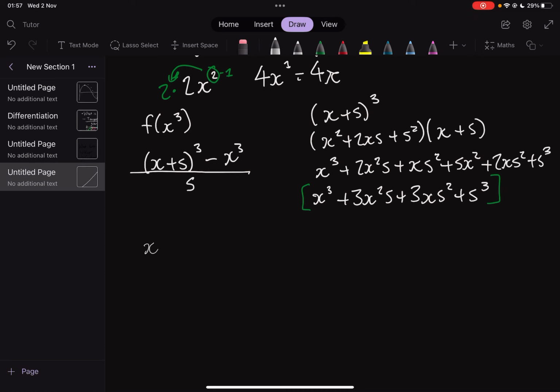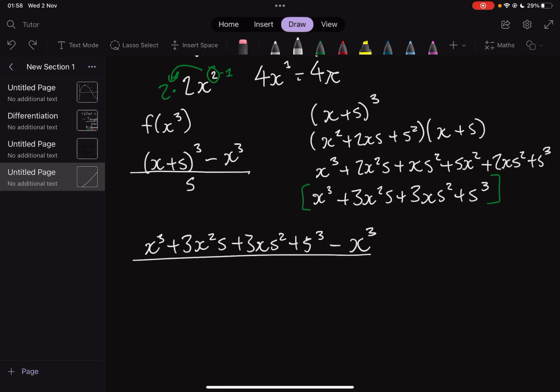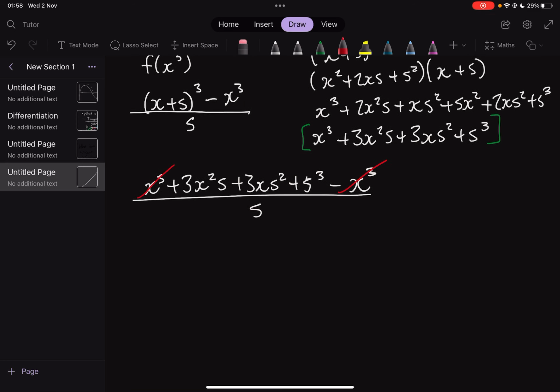So now we have x cubed plus 3x squared s plus 3x s squared plus s cubed minus x cubed taken from here, all over s. And same stuff as before, we have the x cubed term that we can cancel out. And then lo and behold, each of these has an s term.